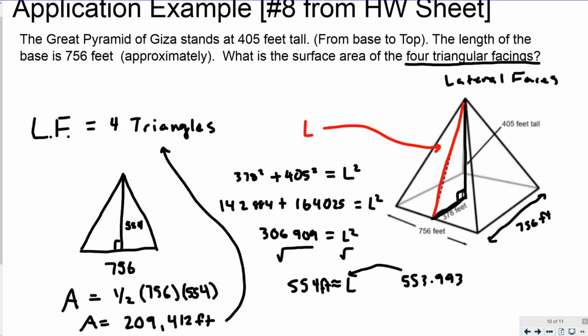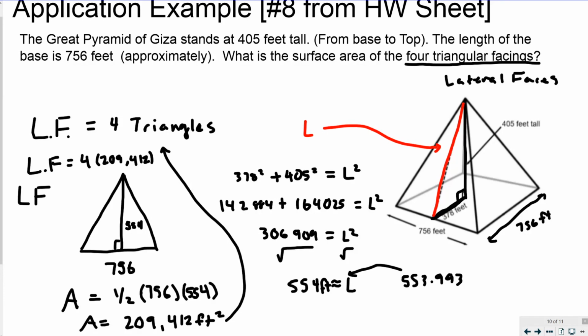So the lateral face is going to be equal to 4 times 209,412 feet squared.